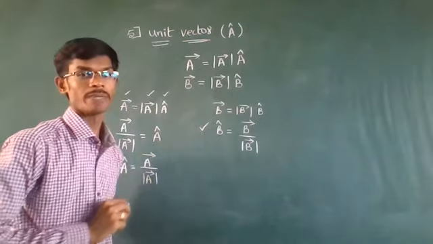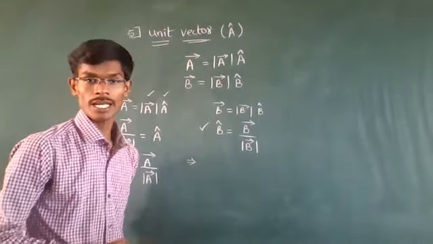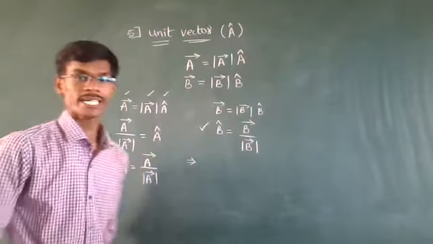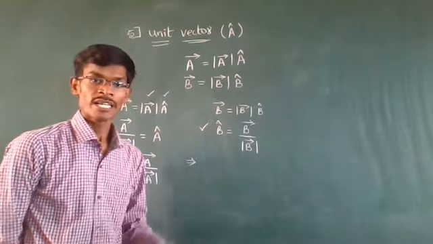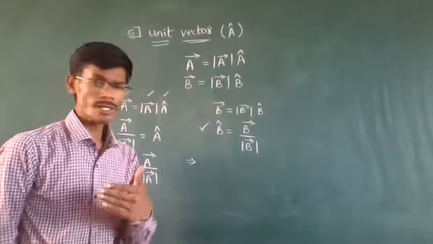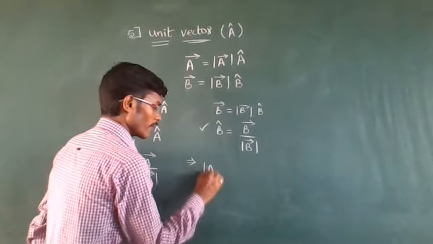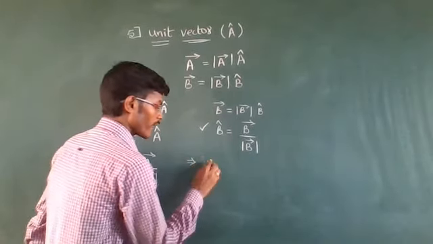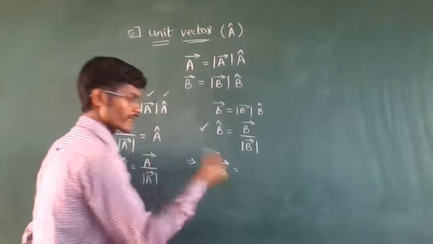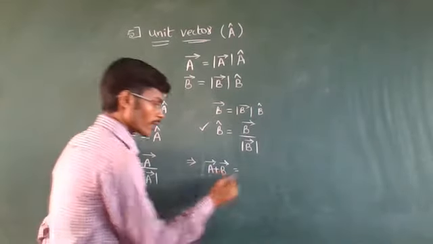Some of the students may get a doubt, sir. Suppose here A bar and B bar are two individual vectors. Then if they are added or subtracted, how can we consider those unit vectors? See here, if I write A bar plus B bar, the addition of two vectors, what is the magnitude?